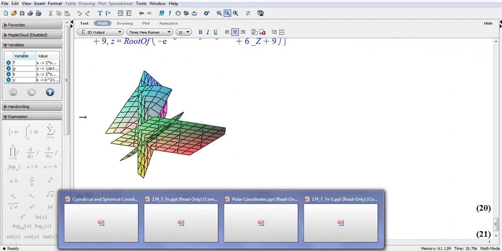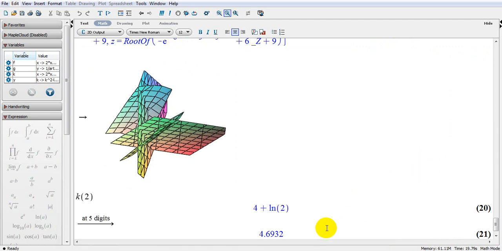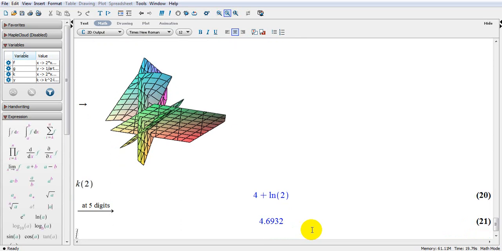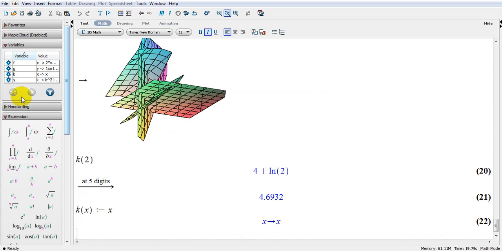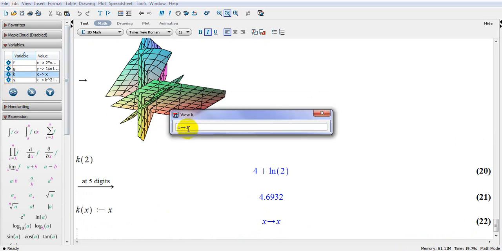If I want to use k in a different way, I have to define it again. I have to use perhaps k of x is equal to x, and from now on this will be added, and I can look at it, and previously it was different. Now k of x is a function that makes k of x equal to x.